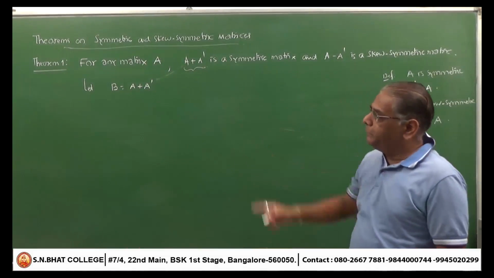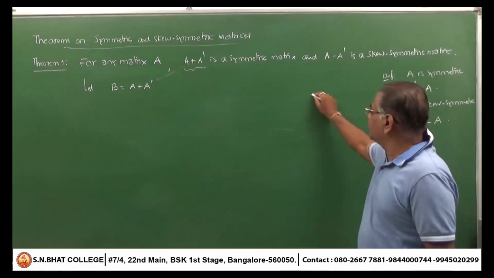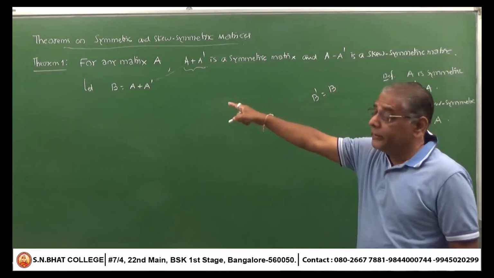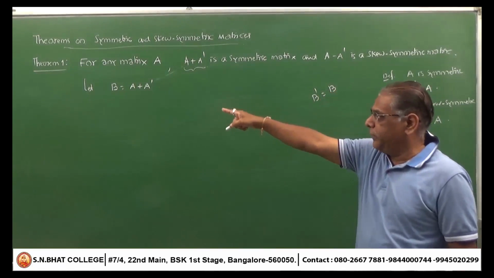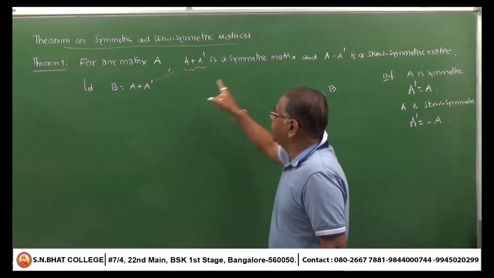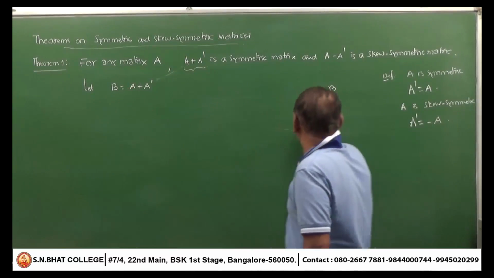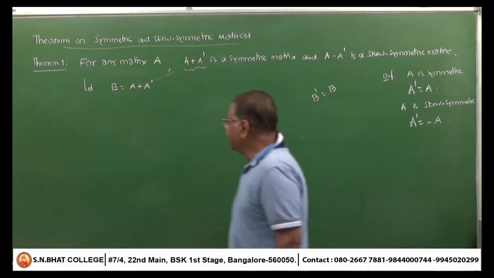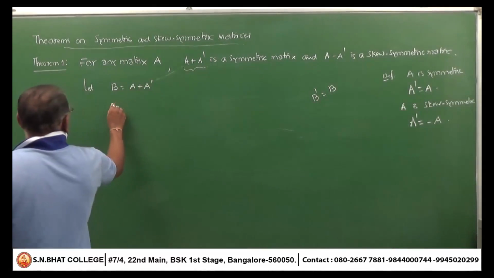To show that B is a symmetric matrix, we have to show that B transpose is equal to B. Take transpose on both sides.